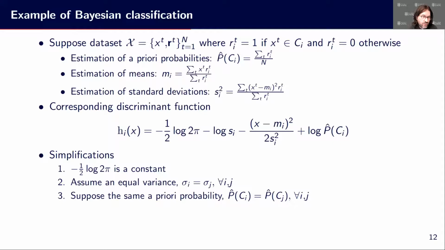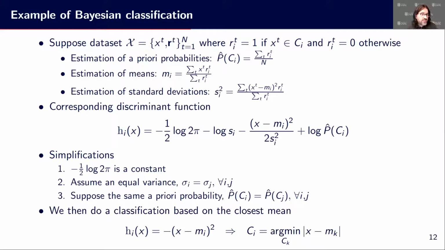And we can also suppose that we have the same prior probabilities, the same a priori here with the p hat. So basically, we see that we have about the same number of samples from each class. This third simplification can be acceptable, although it kind of simplifies things in some aspects, especially with unbalanced cases where this is not true.